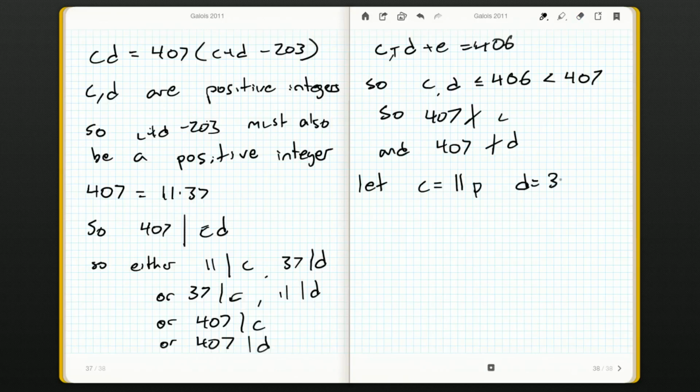Now, I don't know if this is the right thing to do, but I'm going to say let C be 11P and D be 37Q. P and Q are going to have to be positive integers. Okay. So, what has that really gained us?